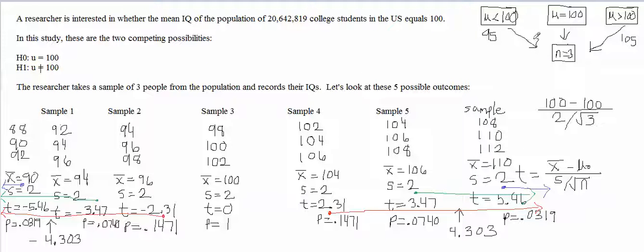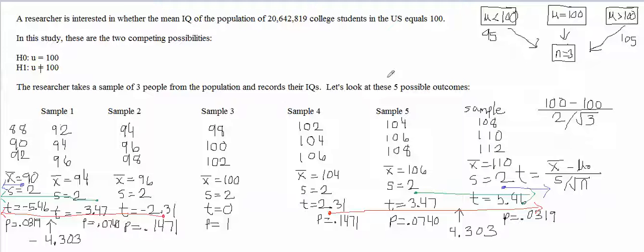But if the population mean is actually something lower than that number, if it's like 95, then a sample mean down here at 90 would be at least more likely, because if the population mean is 95, a sample mean of 90 would be at least more expected, because 95 and 90 are closer compared to 190.